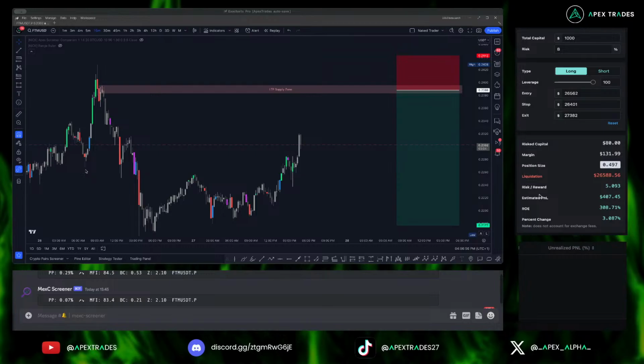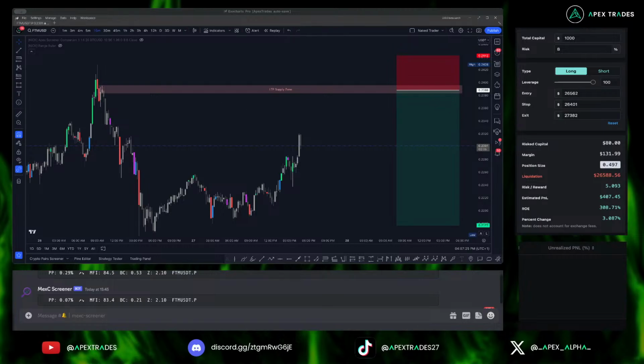And the Z-score is way out in terms of its standard deviation away from the, I think it's the 96 period moving average, the SMA. So the screener gives me anything that's starting to show exhaustion or look extended. FTM popped up, and things look a little bit groovy.